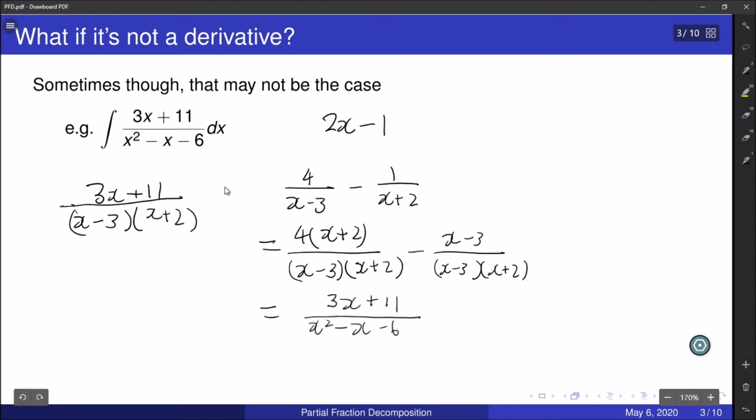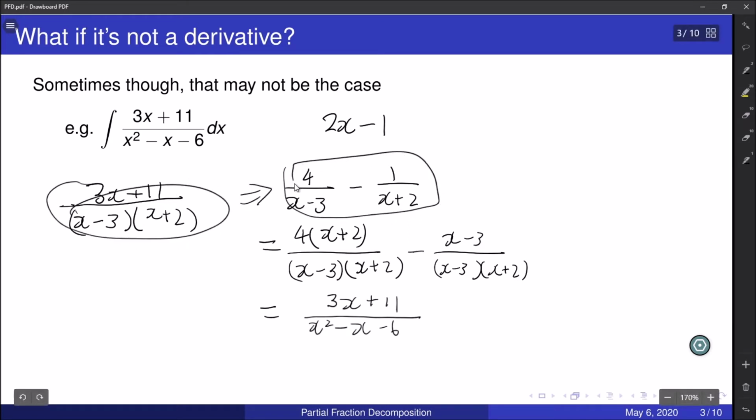So this expression is the same as that expression. Of course, I can do this because I already know that this is the case.